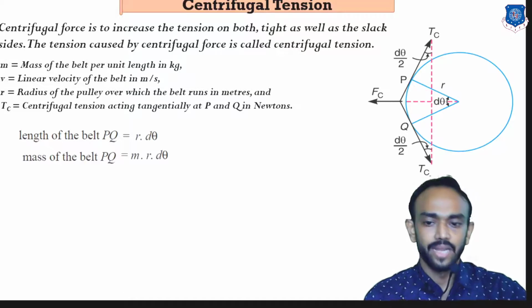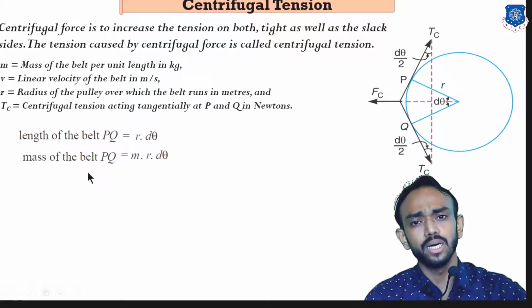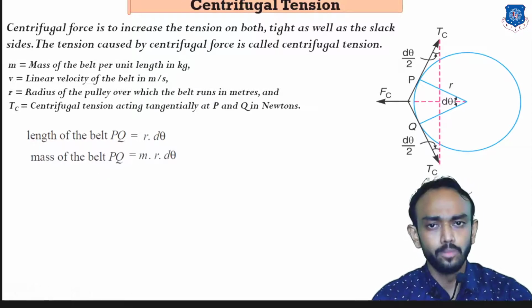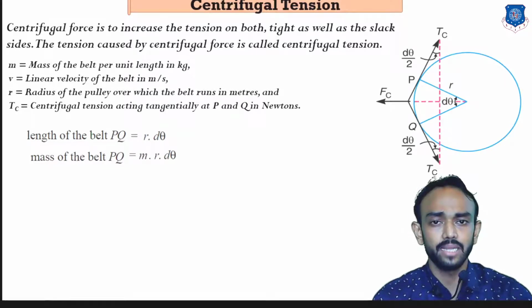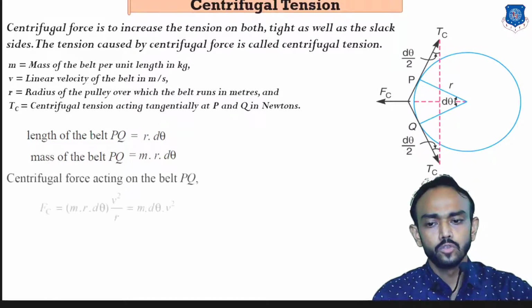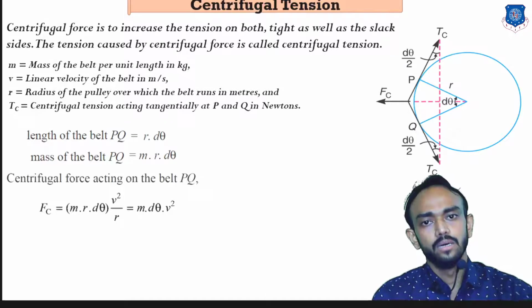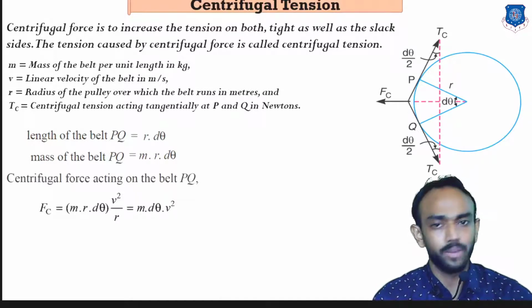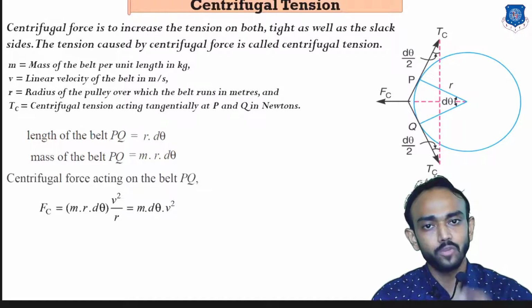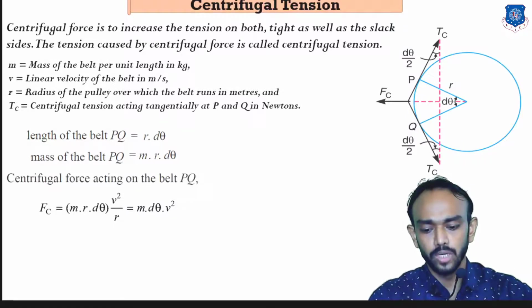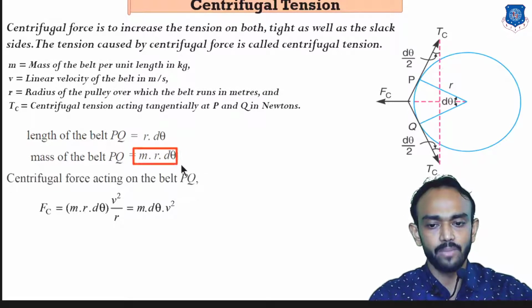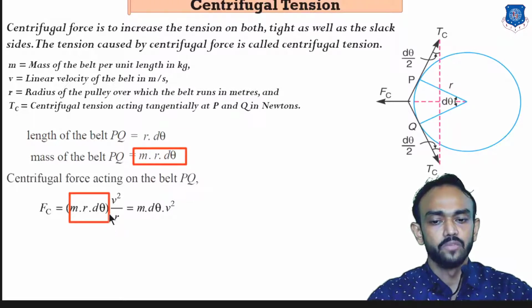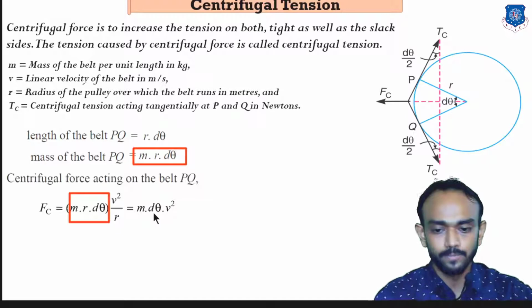Now we know the centrifugal force due to mass is m v square by r. So for this particular PQ element, what is the centrifugal force? It is m v square by r, and m is the mass of that element, which we have put as m r d theta. So we can write the mass as m r d theta, v square by r.